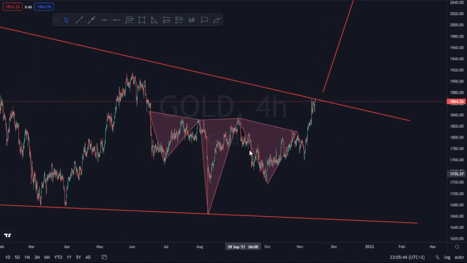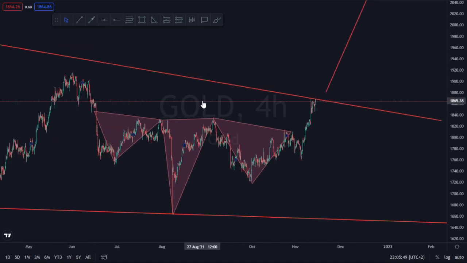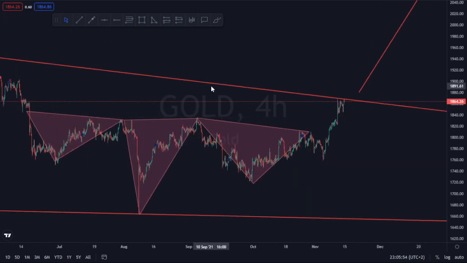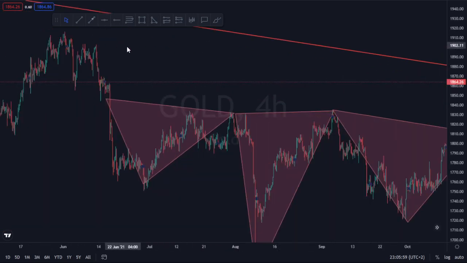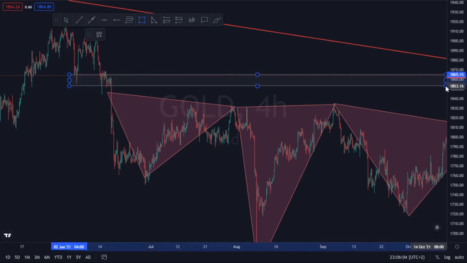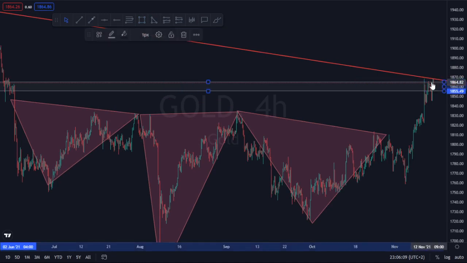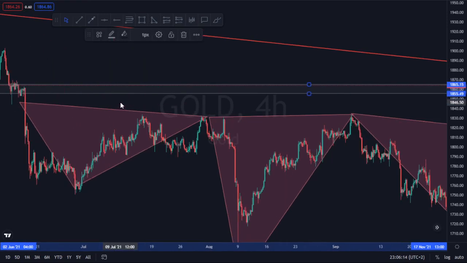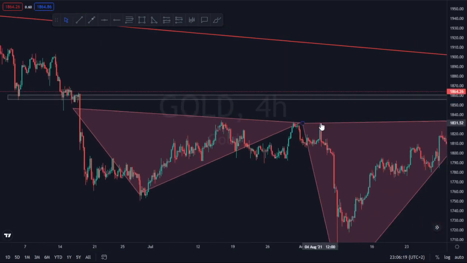So what we have here is a head and shoulders. If price breaks out, guys, let me just try to see if there's a zone. Just try to identify a zone. Do this nicely.